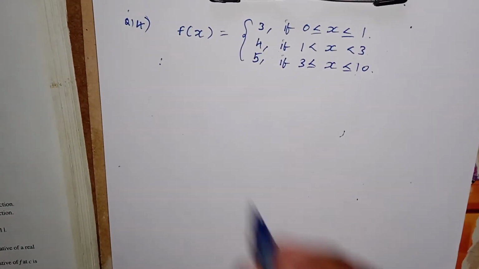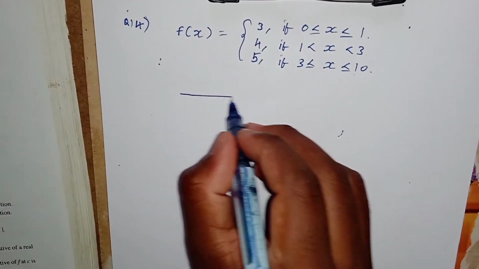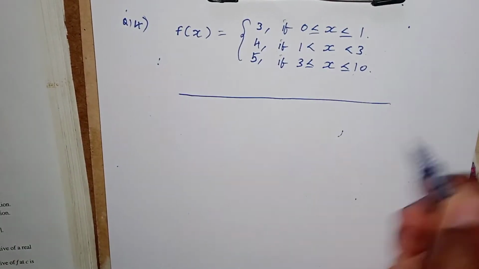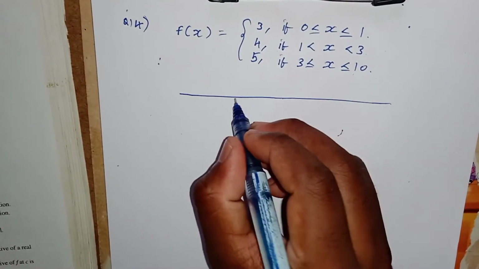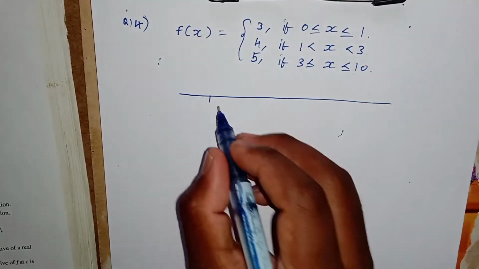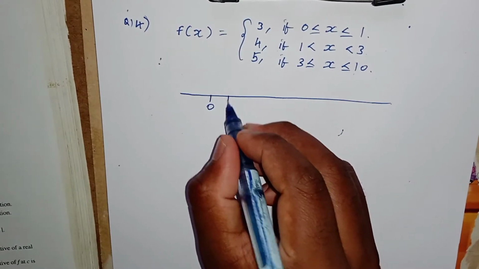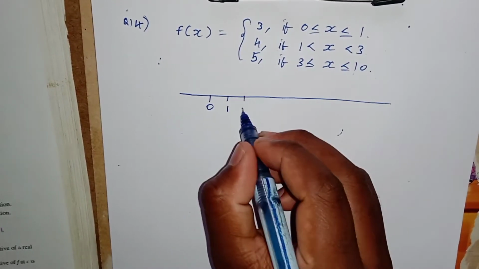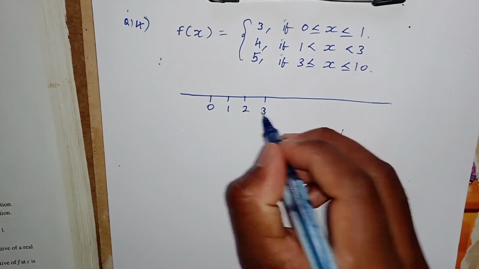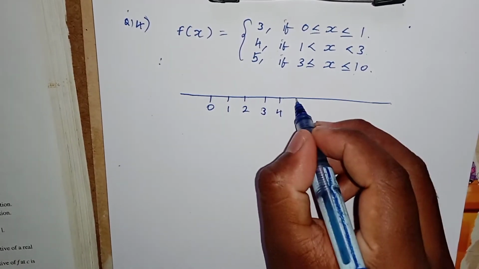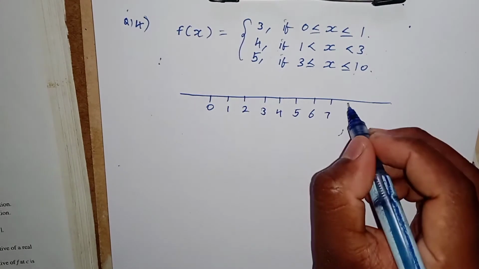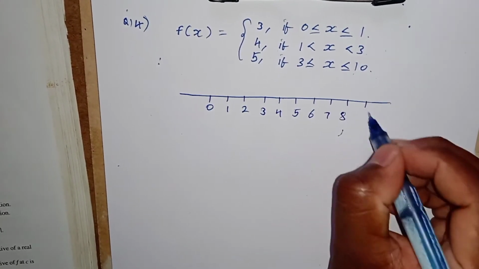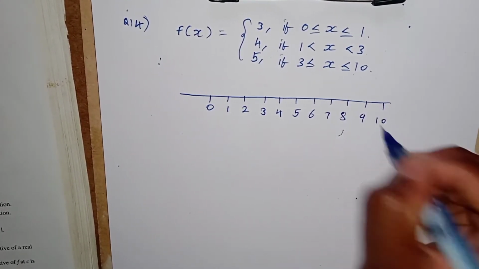I am writing my scale. Here, first, starting from 0, 1, 2, 3, 4, 5, 6, 7, 8, 9, 10.